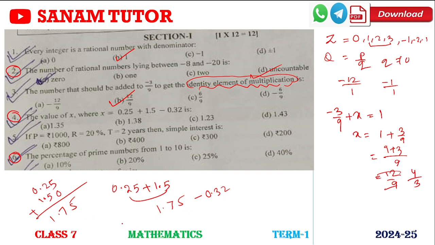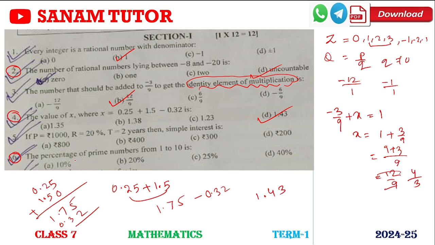Simply subtraction: 5 minus 2 is 3, 7 minus 3 is 4, 1 minus 0 is 1. So the answer is 1.43. Option D is the correct answer.